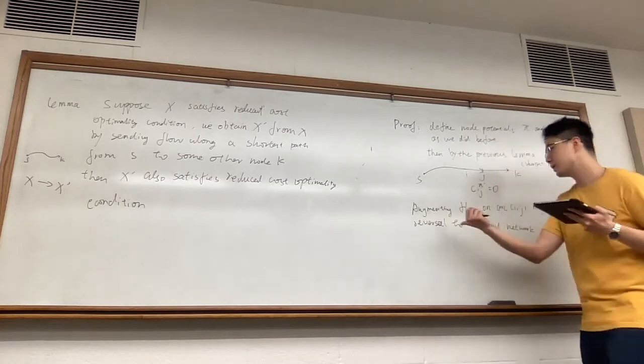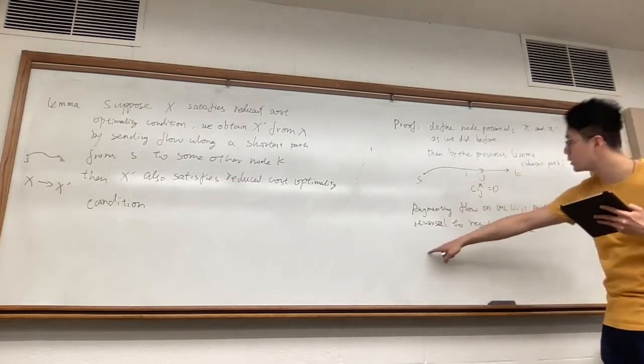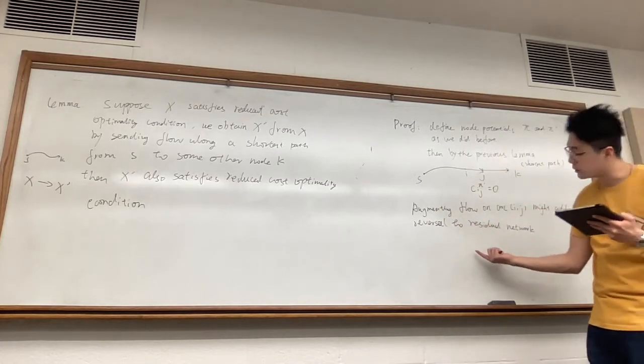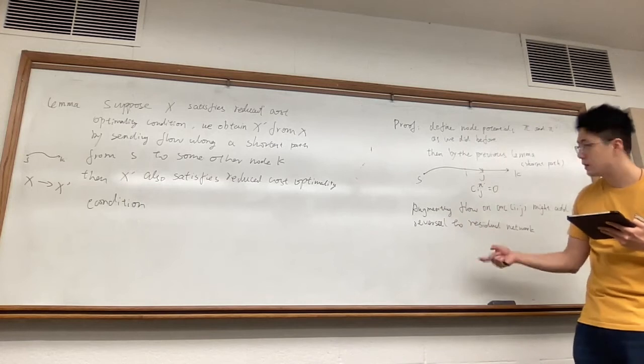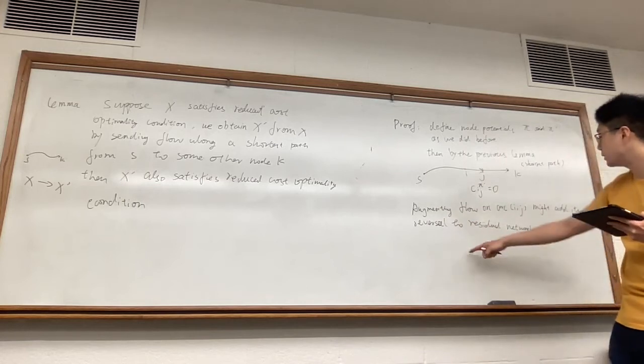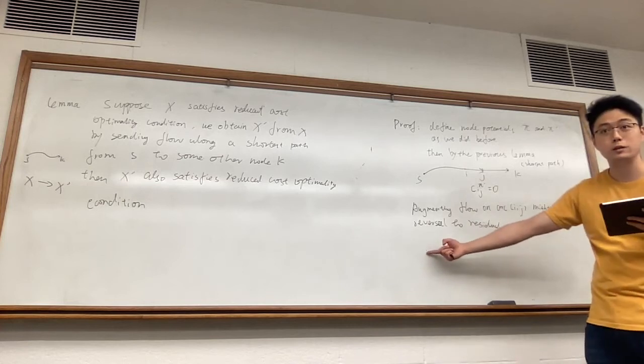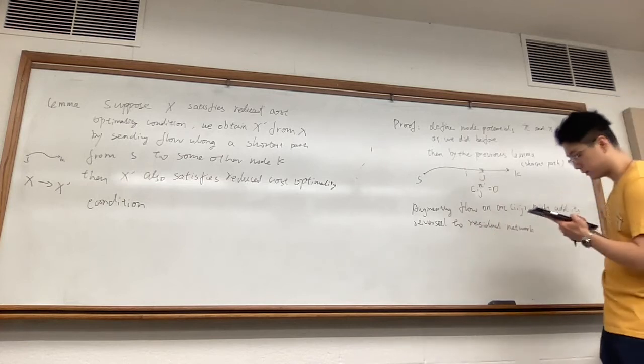This is very straightforward. If you want to augment some flow, and suppose originally the flow on this arc is 0, then after you augment flow on this arc, you must add its reversal to the residual network. This is very clear, right?